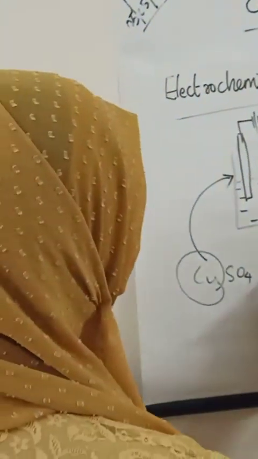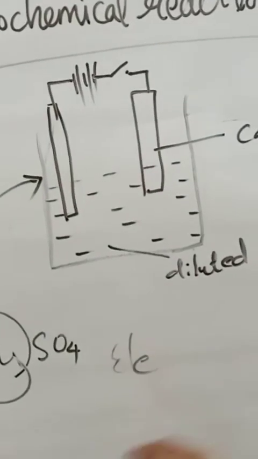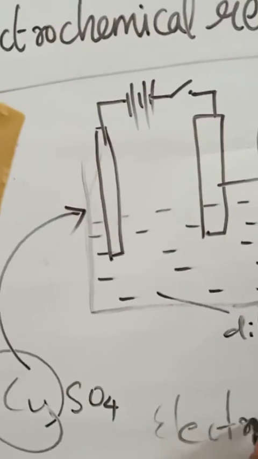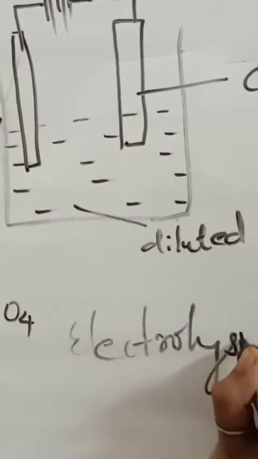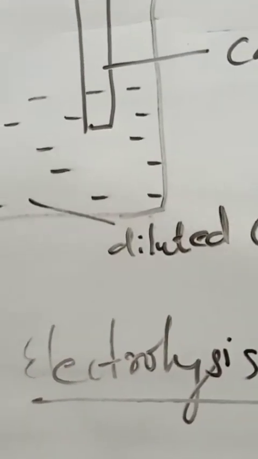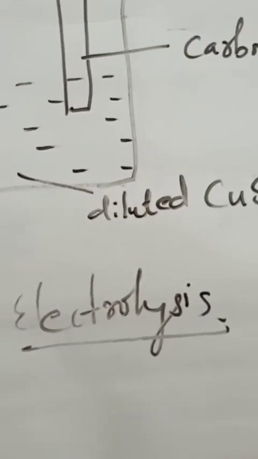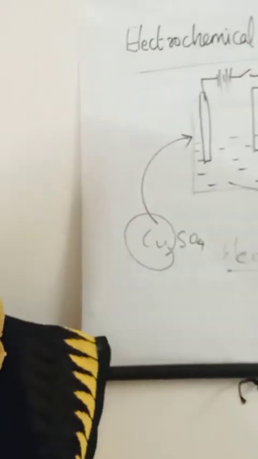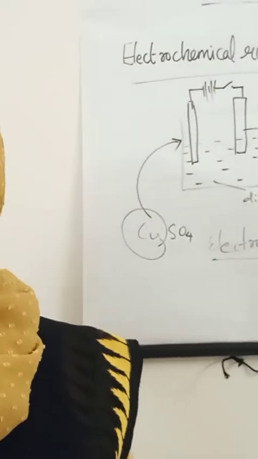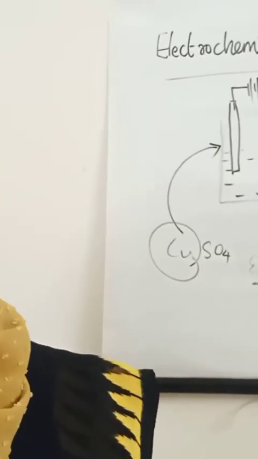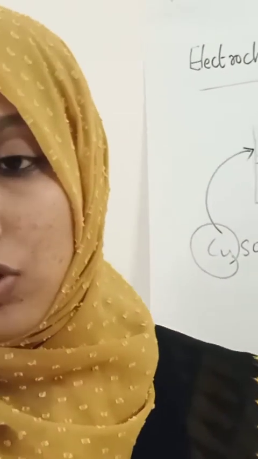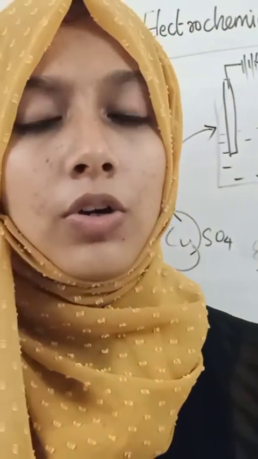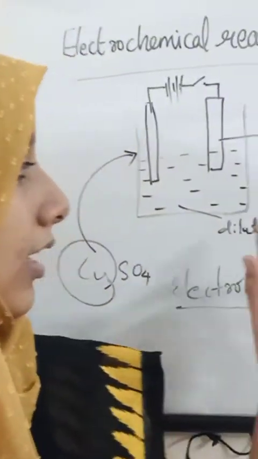What is electrolysis? The process in which a substance undergoes decomposition by absorption of electrical energy is known as electrolysis. This is an example of electrolysis.